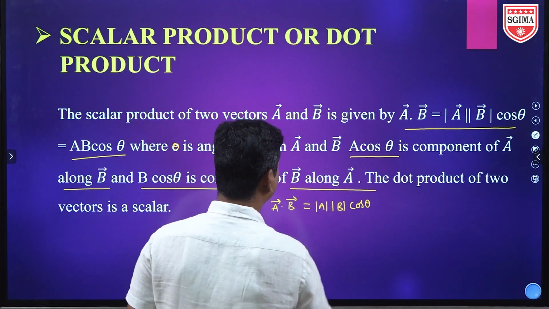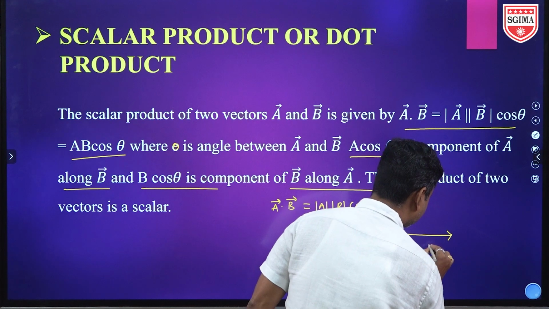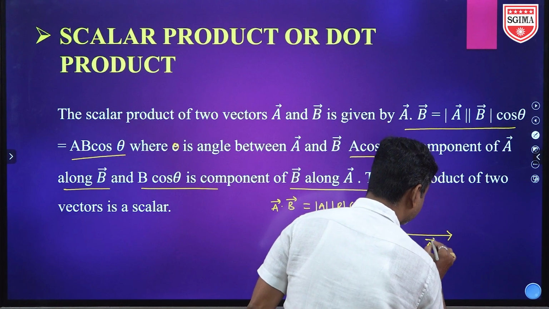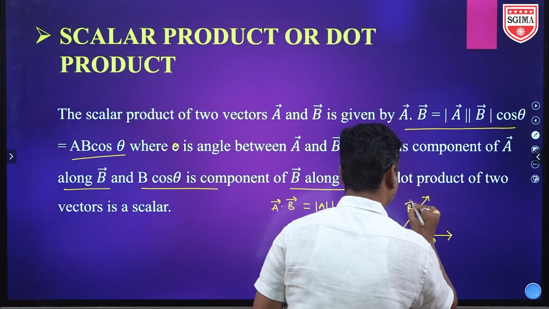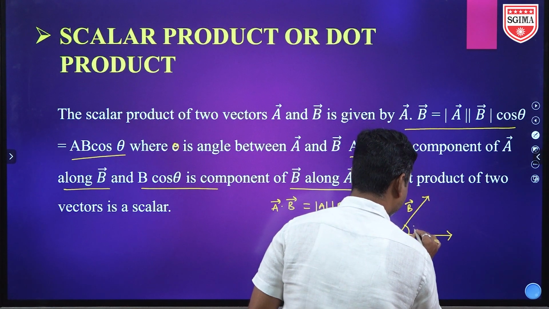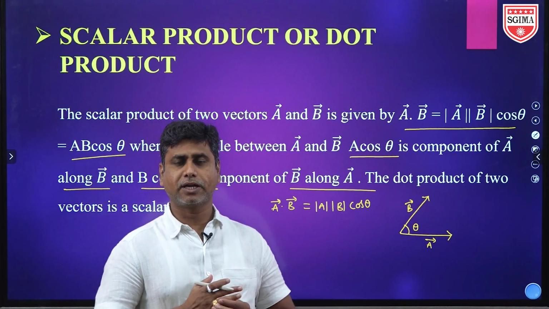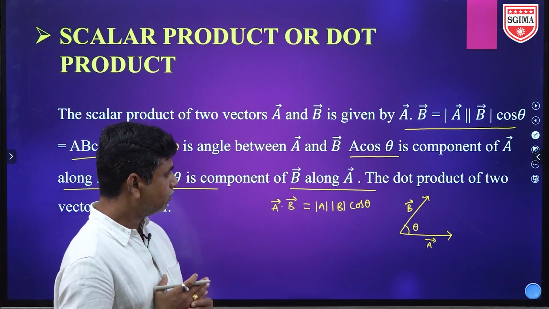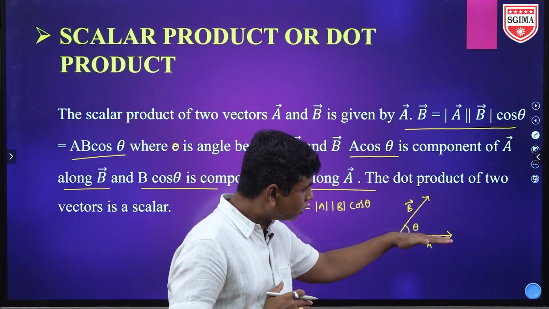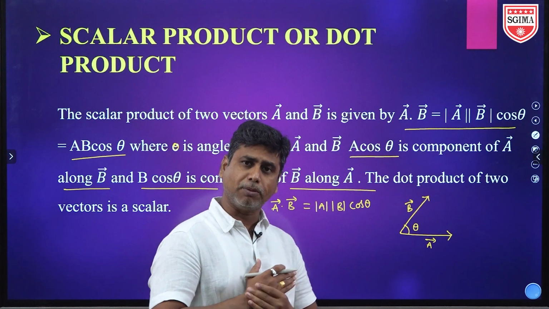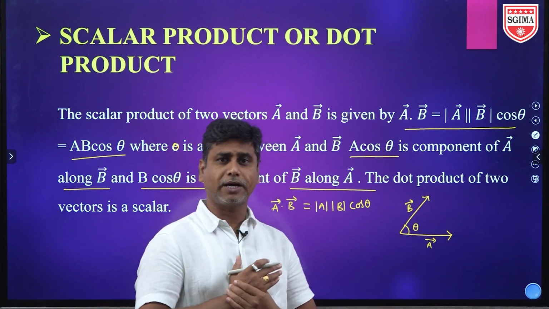So observe these points once. Here a bar is one vector and b bar is the other vector. The angle between the vectors is theta. Now the component of a bar can be taken along the b bar direction, or the component of b bar can be taken along the a bar direction.